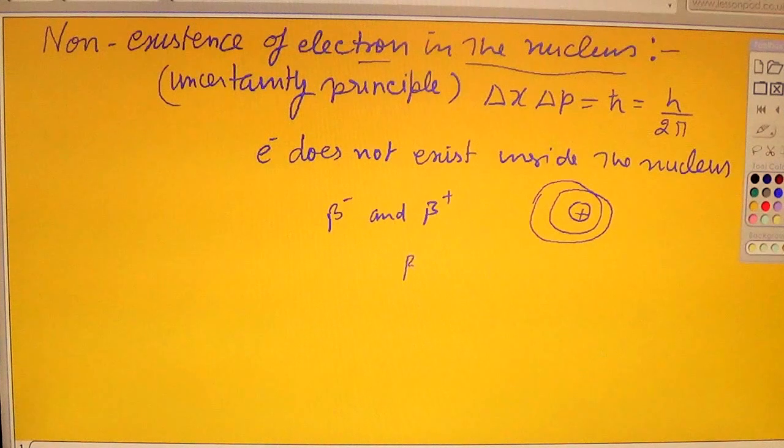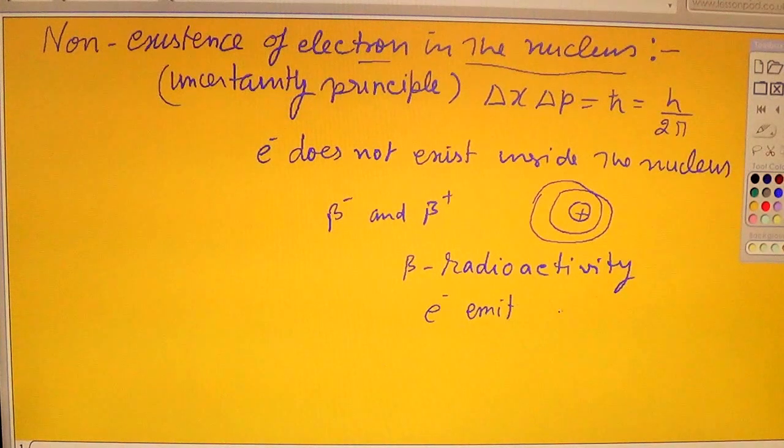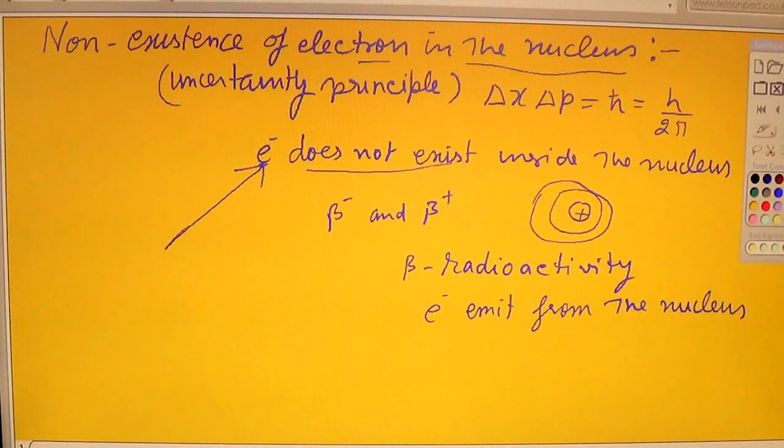So beta radioactivity shows that electrons are emitted from the nucleus. We have to show that the electron does not exist inside the nucleus.